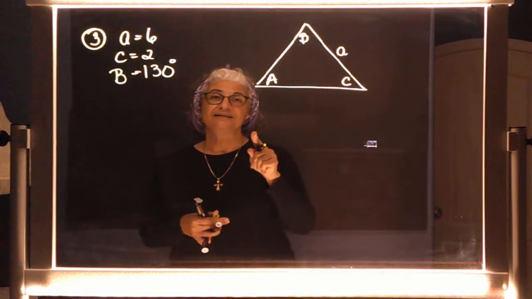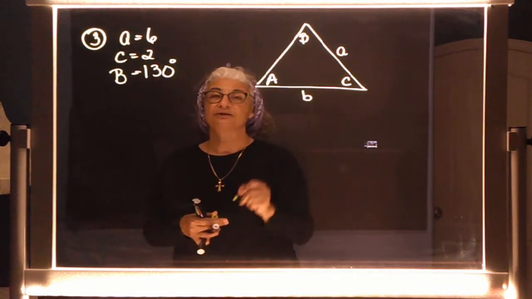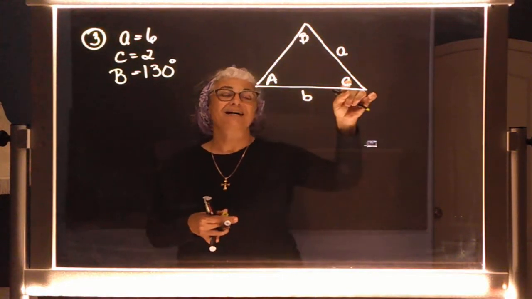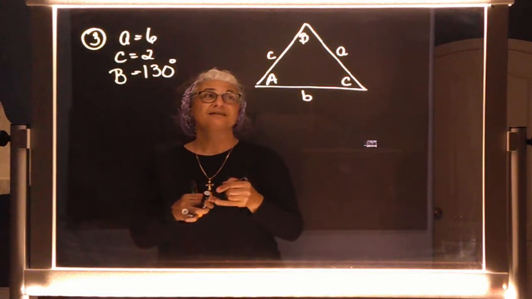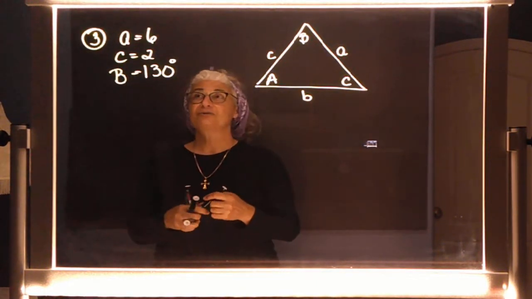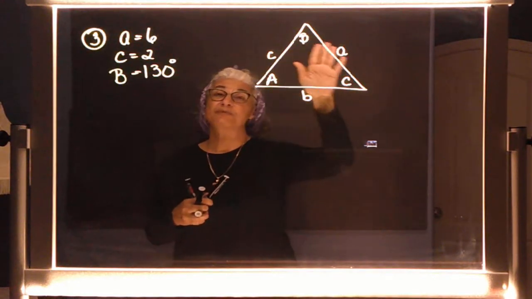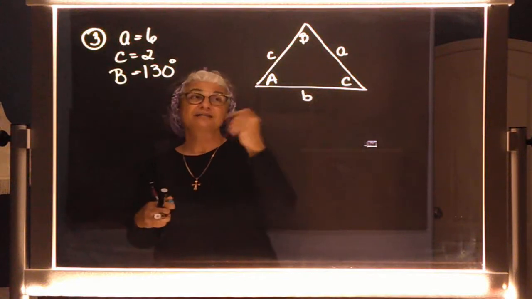And the side opposite angle B is side B, little b. And the side opposite angle C is side C, little c.